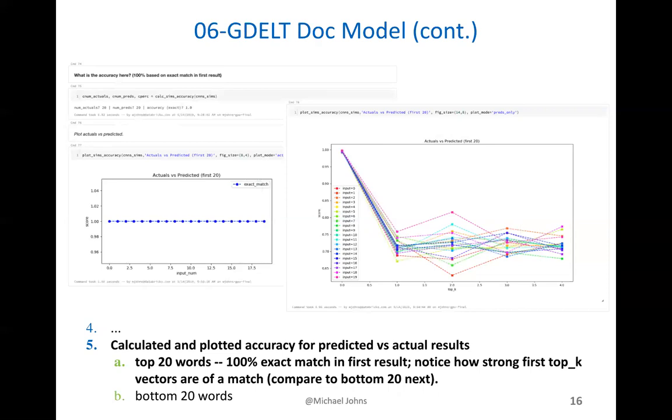On the chart on the right, the scores are very high on the predicteds, close to 100%, and then it tails off pretty quickly for the next word. The next word falls closer to 80%, sub 80%, and hangs around there. Each one has a slightly different story in terms of the word and how the top K similarity words coming back score.